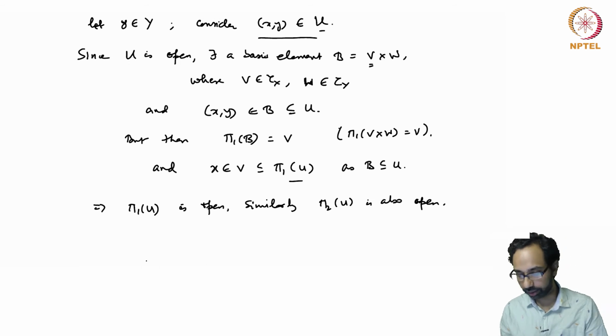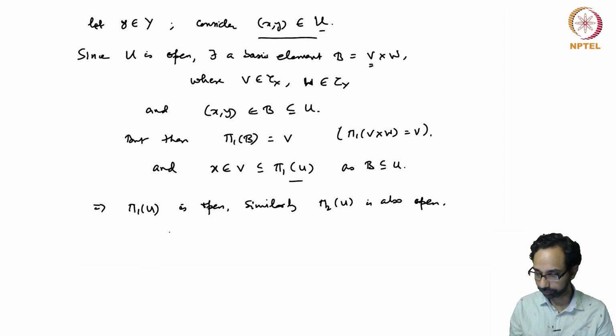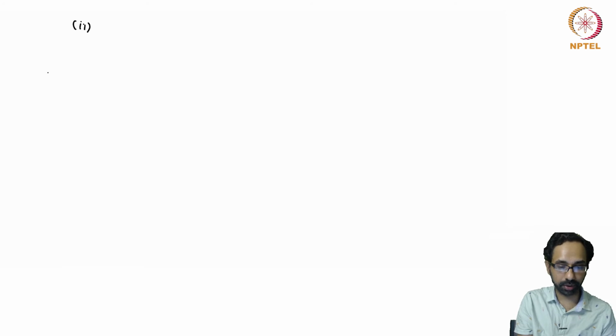So these are examples of open maps, and in fact we can also generalize this to arbitrary Cartesian products.